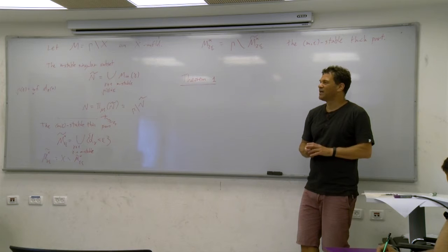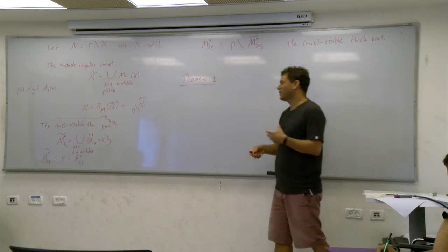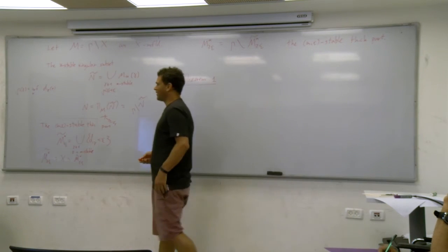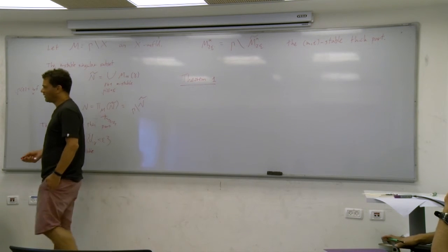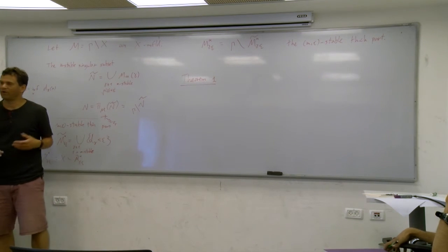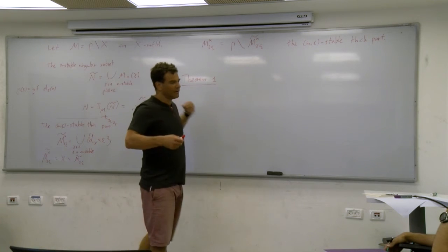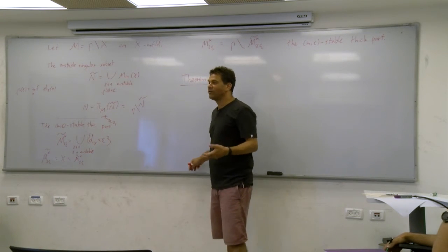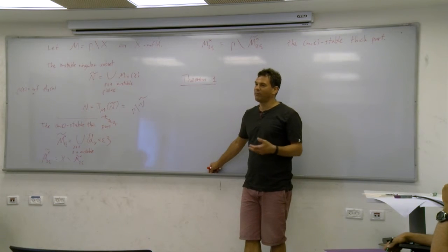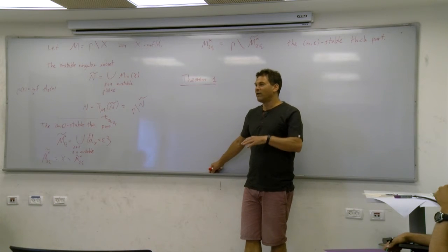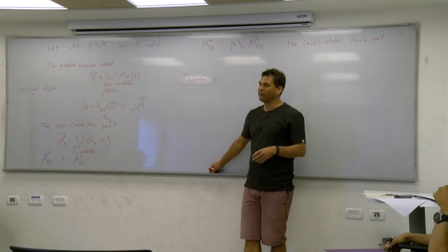M you can control independently of epsilon somehow, because there are theorems like Jordan's theorem, that if you have a finite subgroup of GLN, then it has a subgroup of bounded index which is abelian.